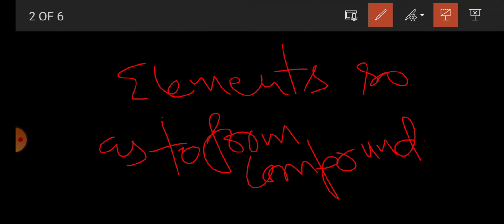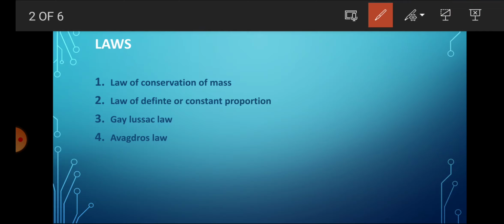Okay students, let's see how many laws there are. There are many laws, but we are going to discuss only 4 laws here, which are important from the exam point of view.